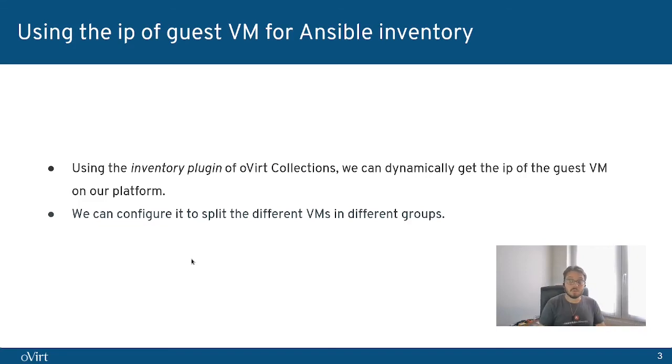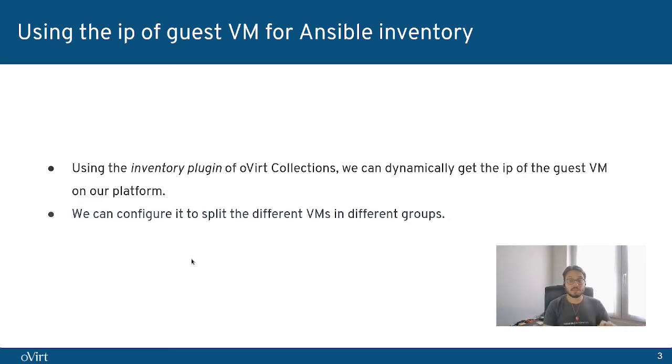We can use an inventory plugin that is inside the oVirt collection, an inventory plugin that lets us dynamically get the IP of all the guest VMs inside oVirt. The same inventory plugin lets us configure how to split all the virtual machines into different groups.